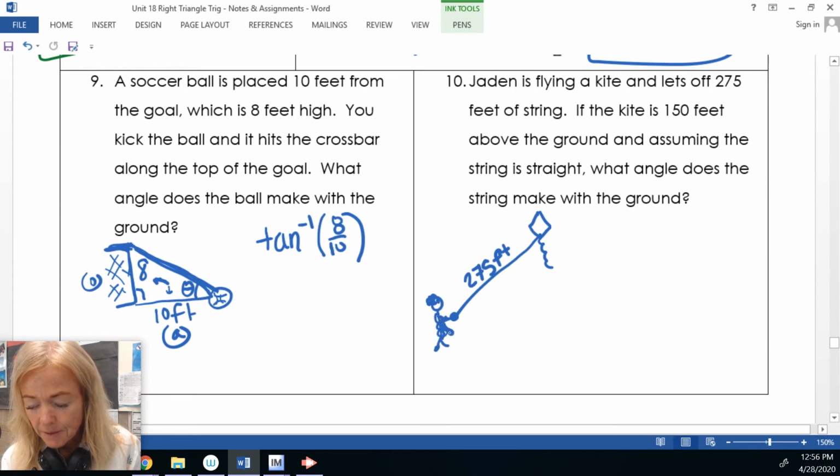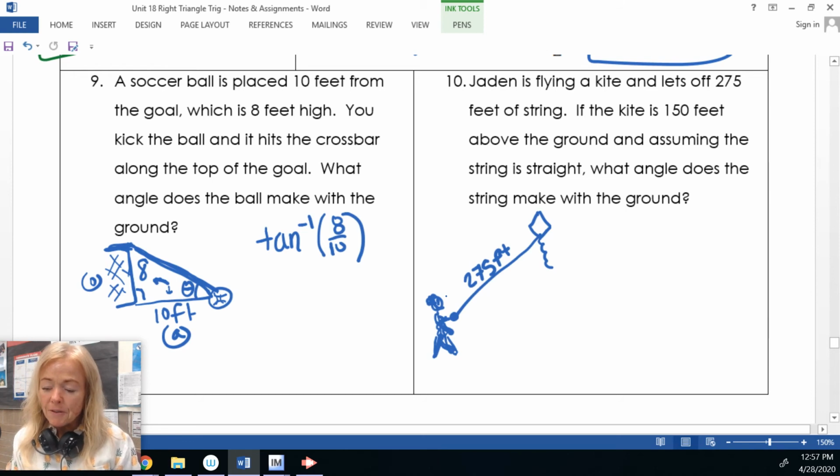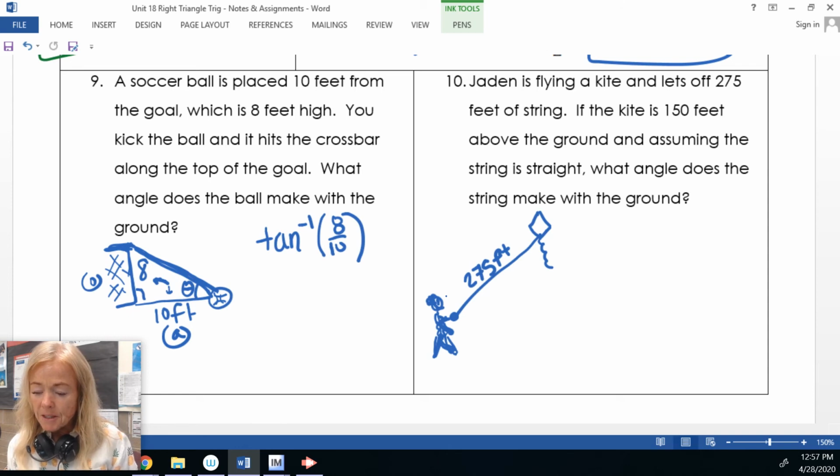That's his hand, and he's flying a kite. Anyway, that's probably not the best picture, but he has 275 feet of string. So where's the triangle? We need to find the triangle. The kite is 150 feet above the ground. And assuming the string is straight, what angle does the string make with the ground?